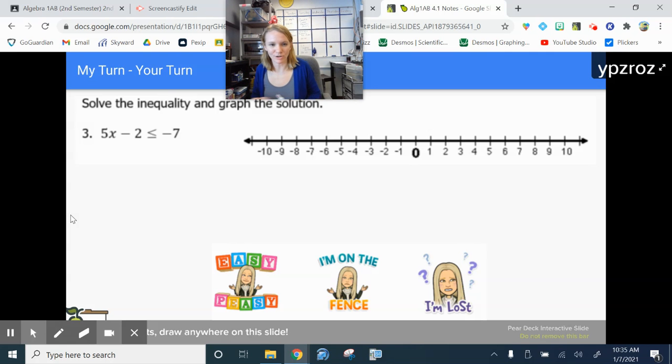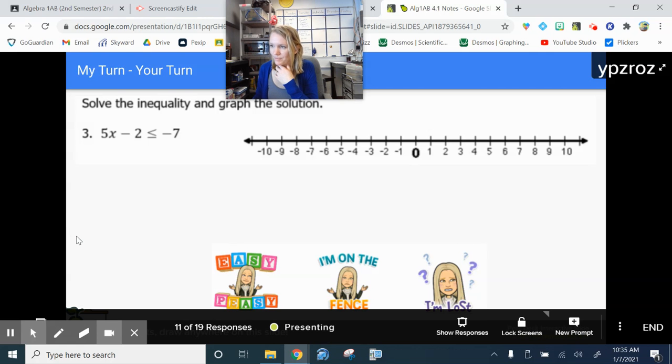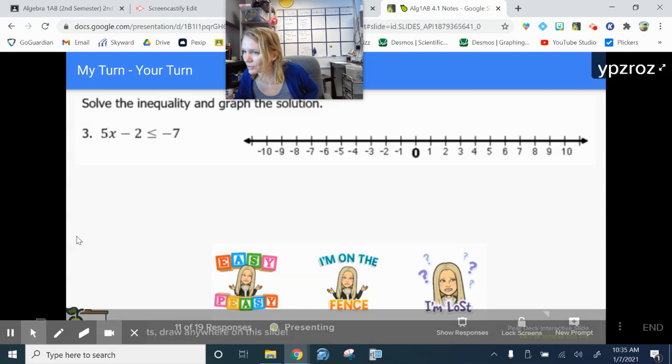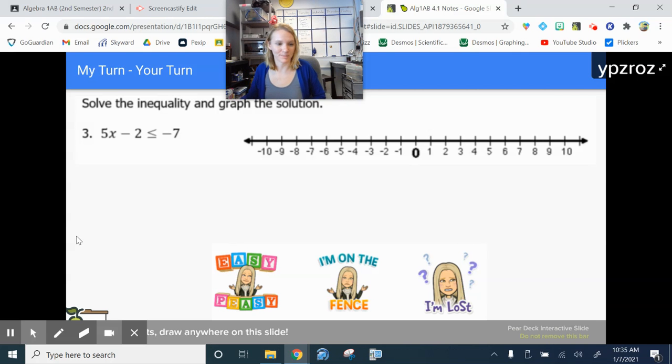Good. So it looks like so far our T-charts are getting started, plus 2 on both sides to get rid of the minus.